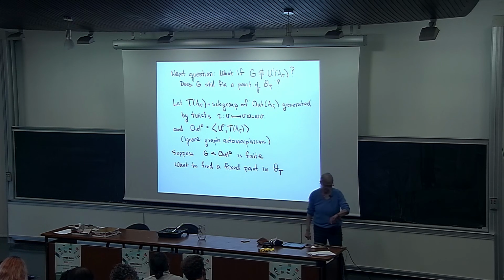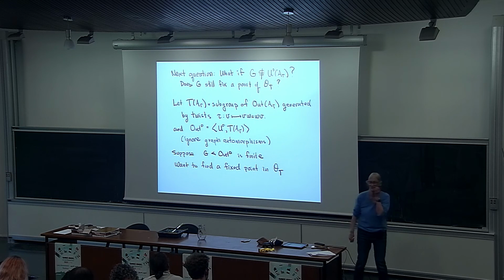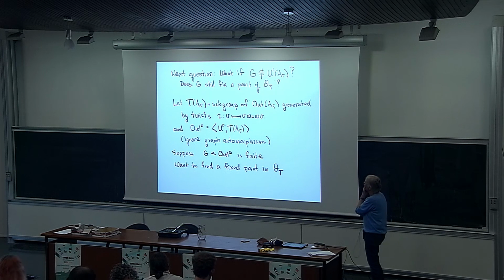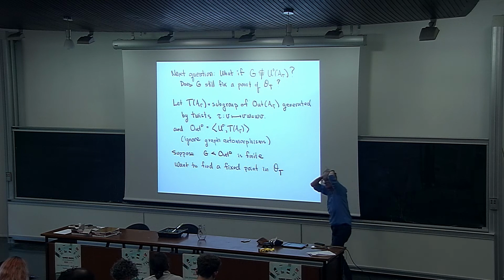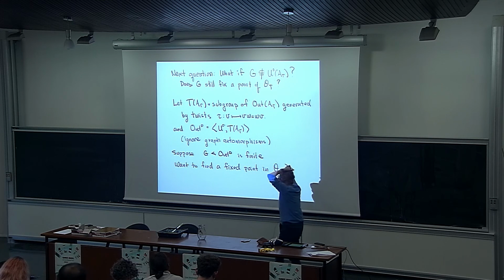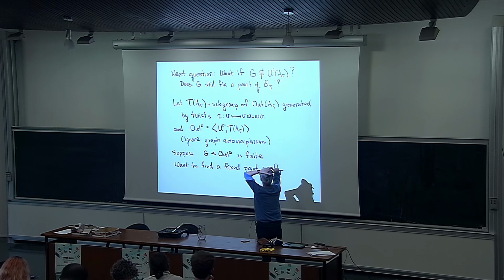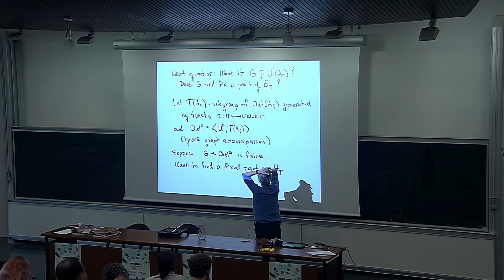And then what we've been doing since we posted this paper is asking, well, what if G is a finite group, but it's not contained in U naught? Does it still fix a point of the outer space? Is there still a realization theorem for any finite subgroup? Right.